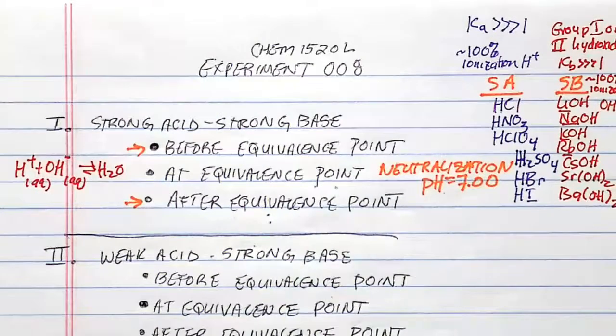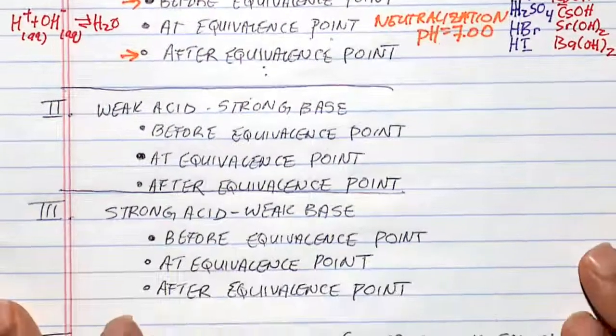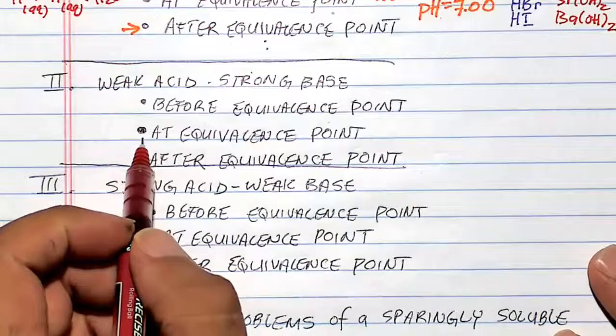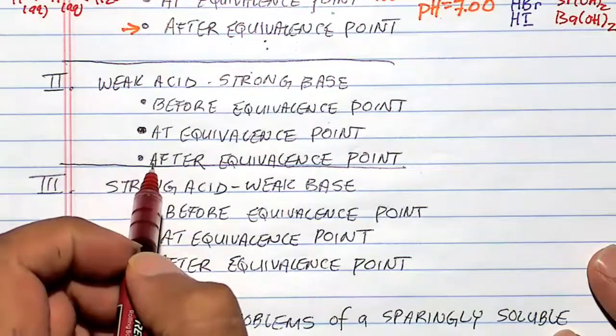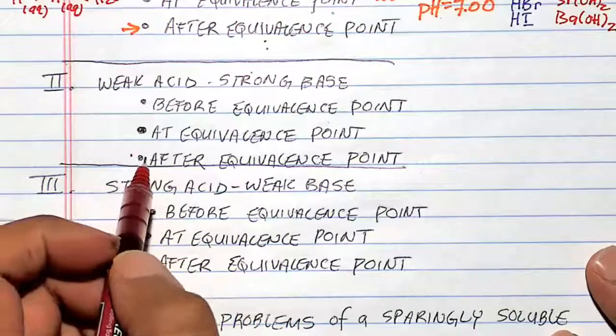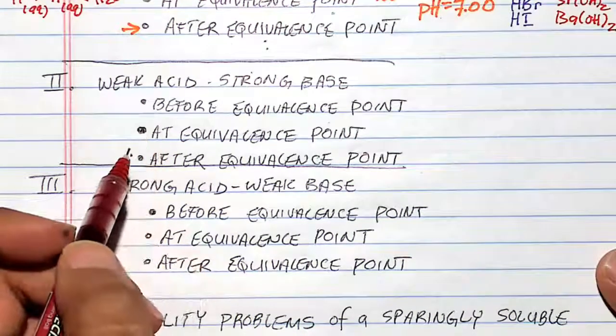After you do a set of these problems, you'll move on to a situation where you will have a weak acid reacting with a strong base, before the equivalence point, at the equivalence point, and then after the equivalence point. So what do you think would happen if you are before the equivalence point?